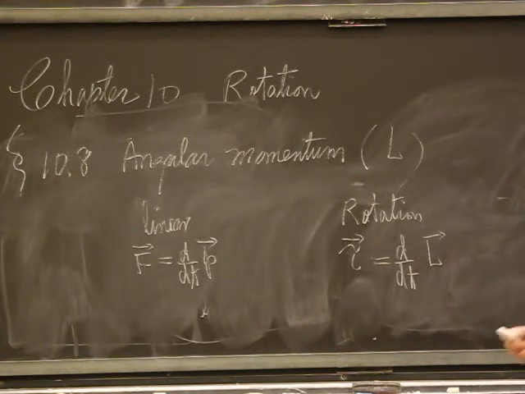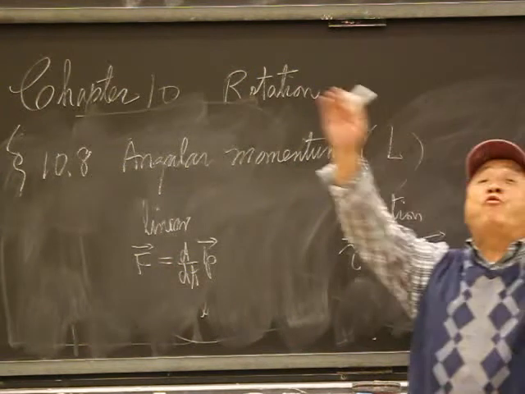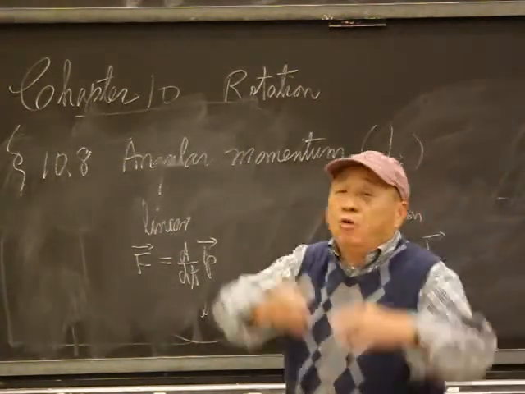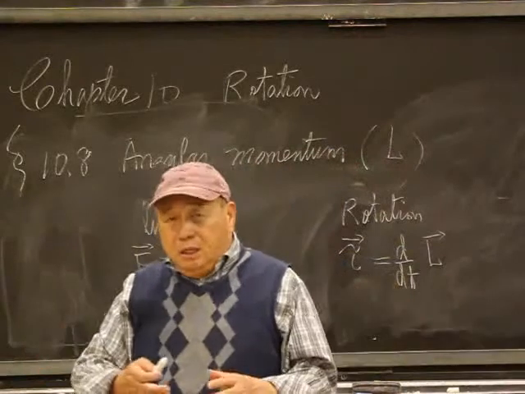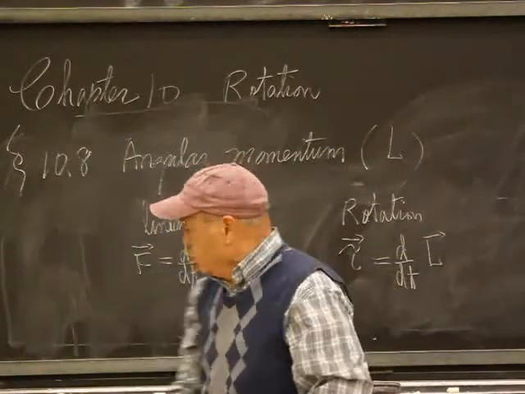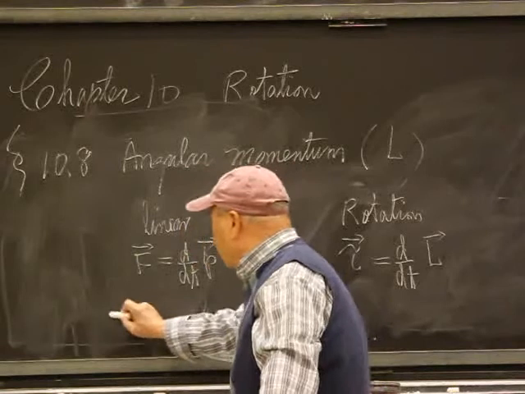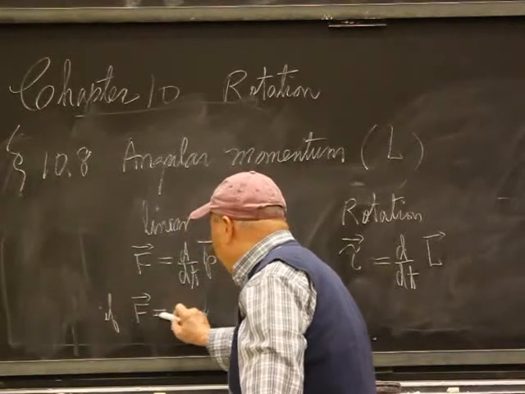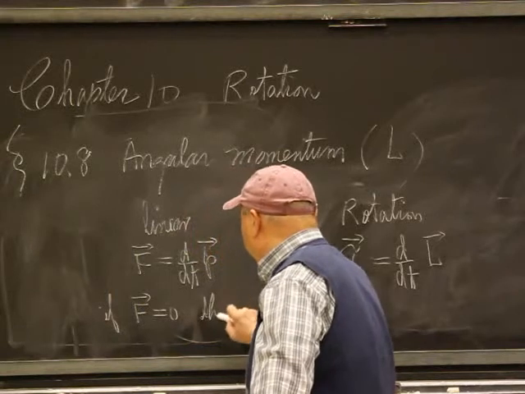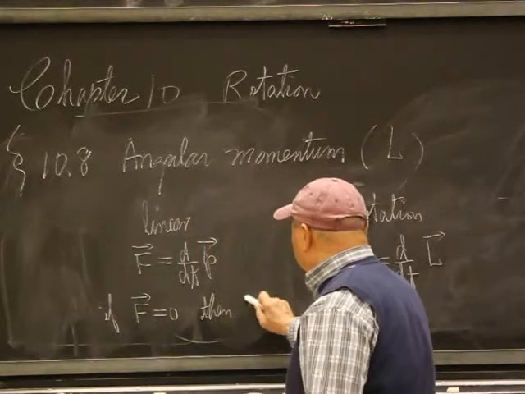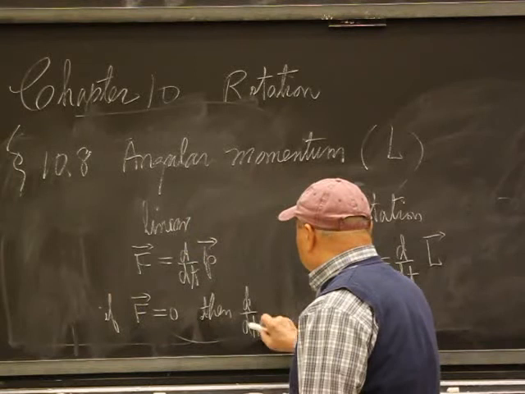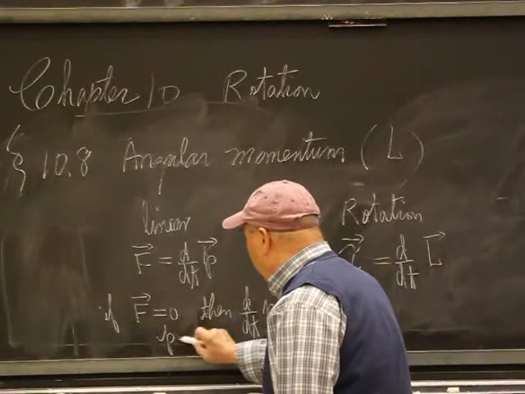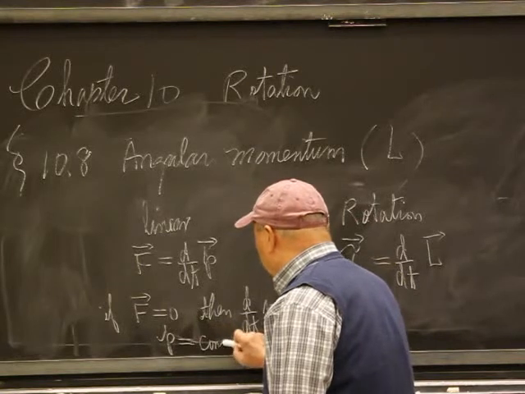In linear motion, when there's no force acting, as in a collision or an isolated system, what will happen? If F is equal to 0, then dp/dt equals 0, so p is equal to a constant.